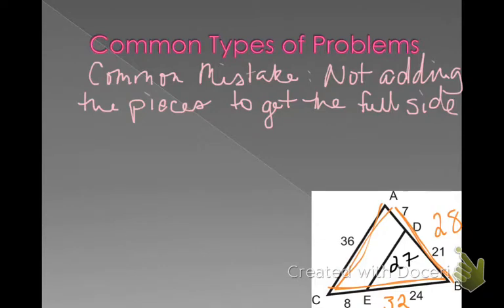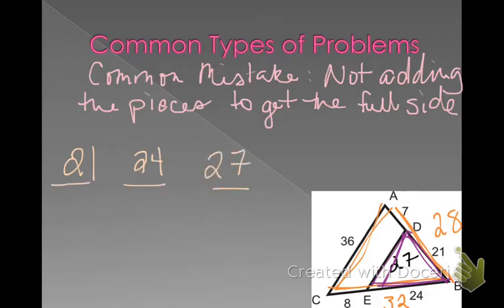In the smaller triangle, we have 27 is that long side, 21 is already given, and 24. So when I go to write them all out, for the larger triangle, the triangle on the outside, my shortest side is 21, then I have 24 and 27. Sorry, I just did the smaller triangle.